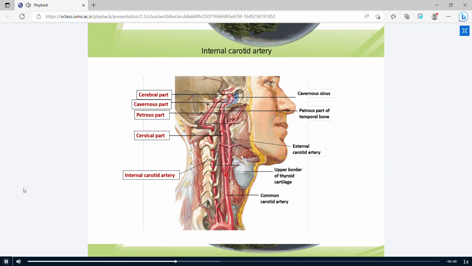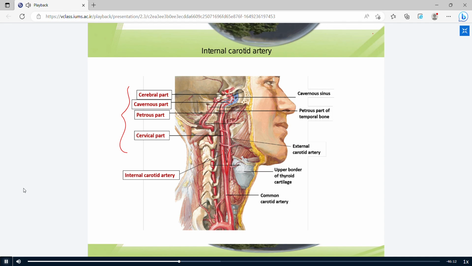This is the common carotid artery near the upper part of the thyroid cartilage. It divides into the external and internal carotid arteries. The internal carotid artery has no branch in the neck, and it has four parts: cervical part, petrous part, cavernous part, and cerebral part, because it passes near the cavernous sinus.